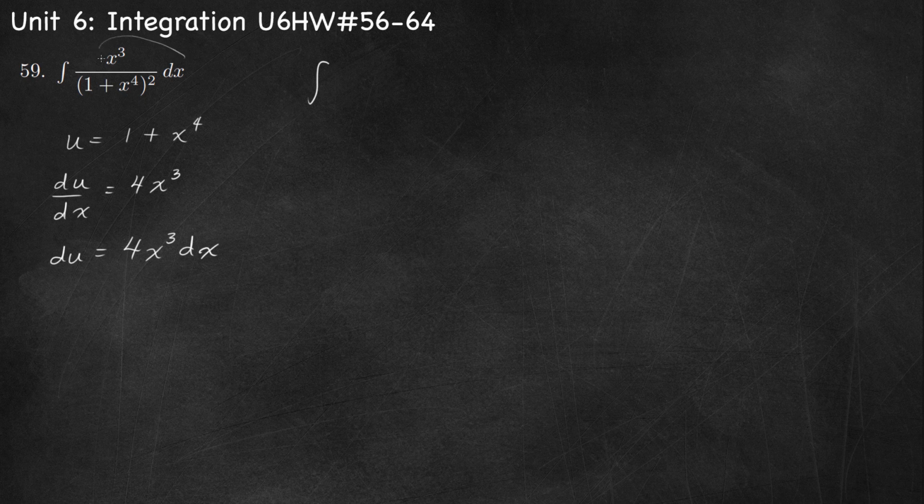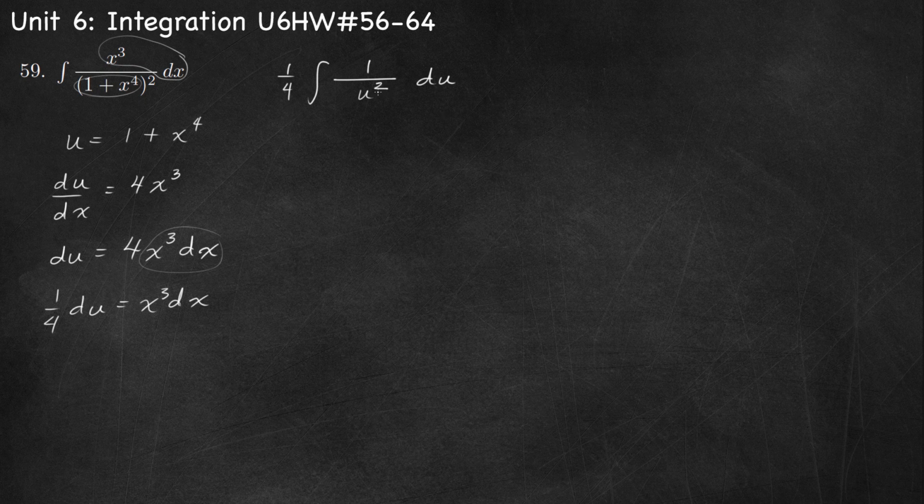So we'll have u squared on the bottom, but then I have x cubed dx. So I want to divide both sides by 4. 1/4 du equals x cubed dx. Okay, so the x cubed dx becomes 1/4 du, and then it's 1 over u squared.